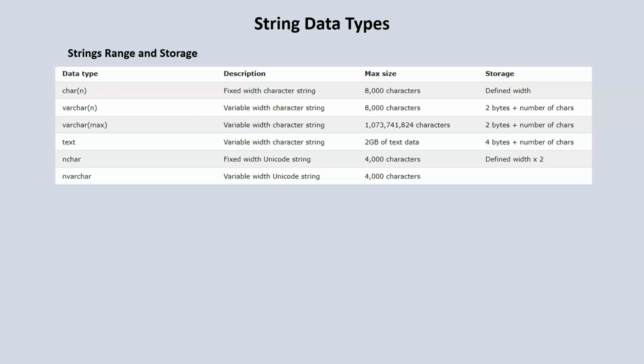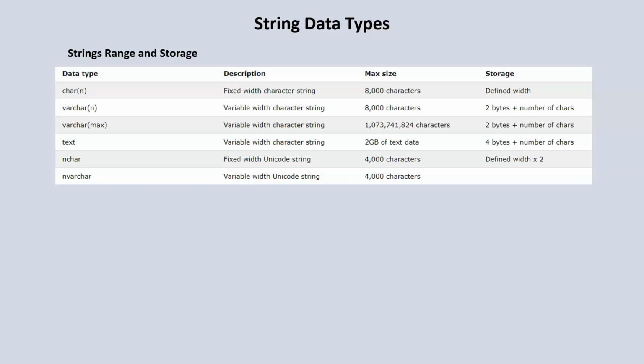We have NCHAR and NVARCHAR. The main difference between CHAR and NCHAR is that NCHAR allows you to store languages other than English characters. It's a fixed width Unicode string, which means you also have to have a fixed number of characters.